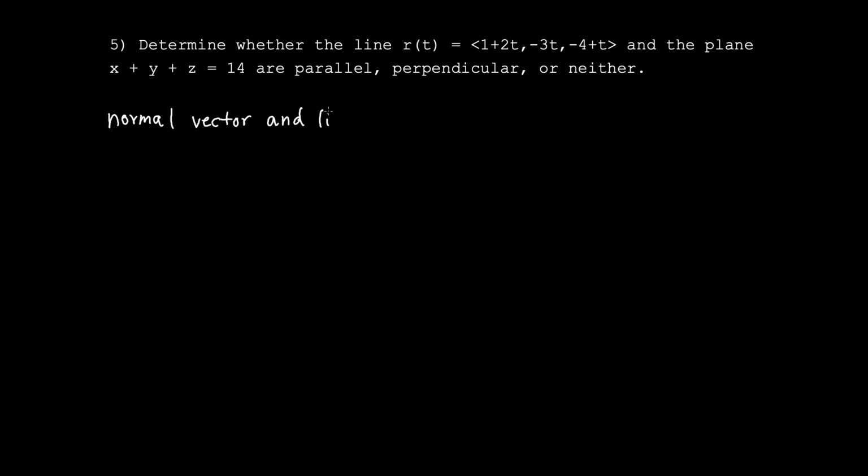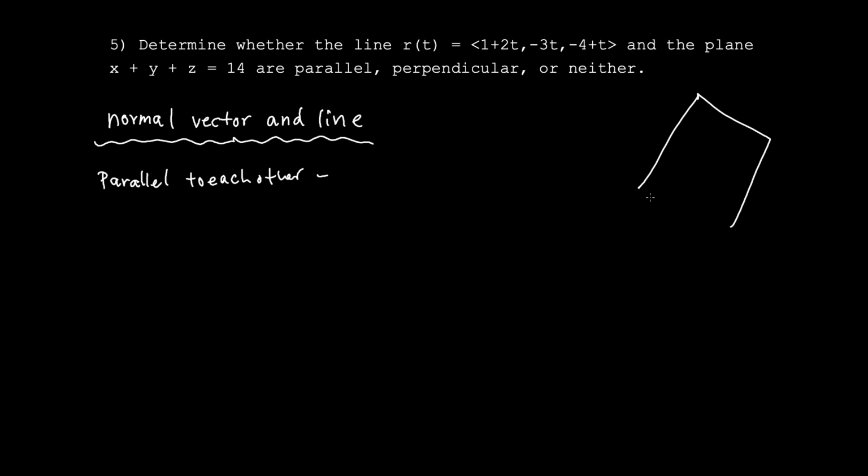The normal vector and the line. If the normal vector and the line are parallel to each other, then what will happen? Remember, we have a plane and the normal vector is perpendicular to the plane itself.